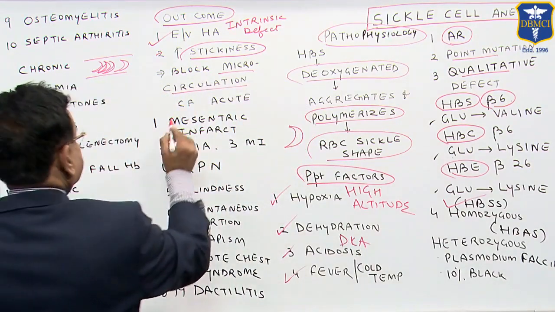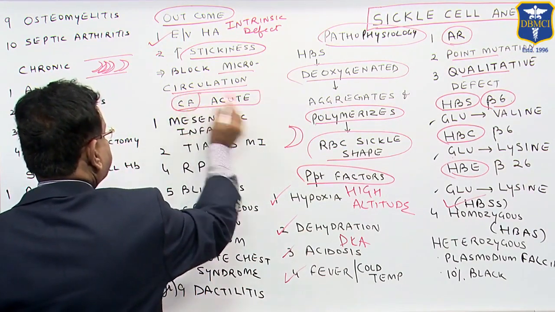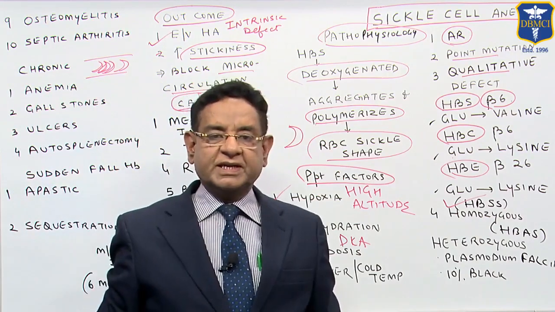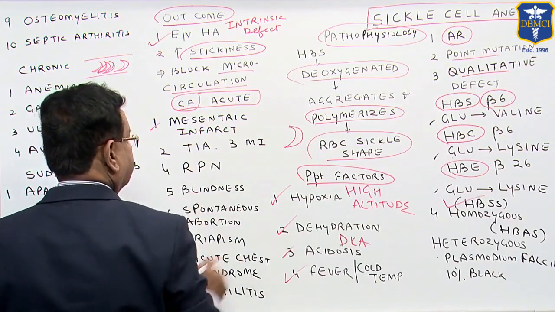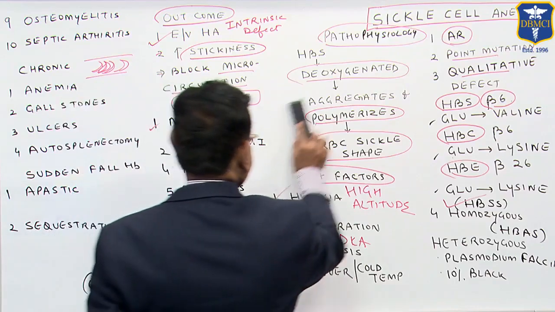So, let us see how patients come to us. The clinical features may be acute or chronic. In the acute, because of increased stickiness, patients may have mesenteric infarct, and that leads to severe pain abdomen.